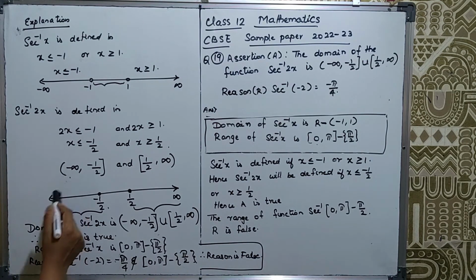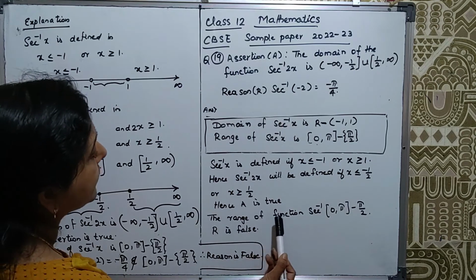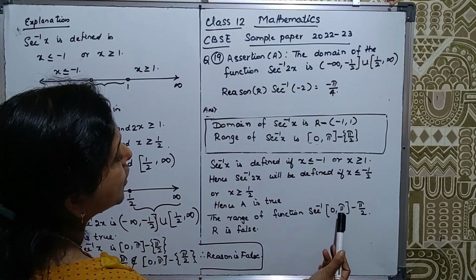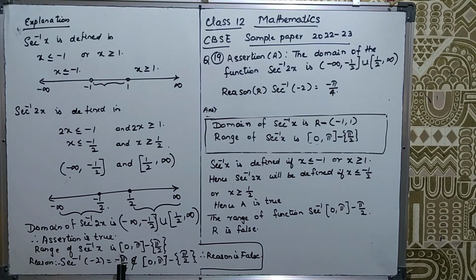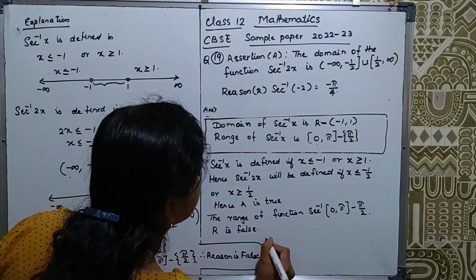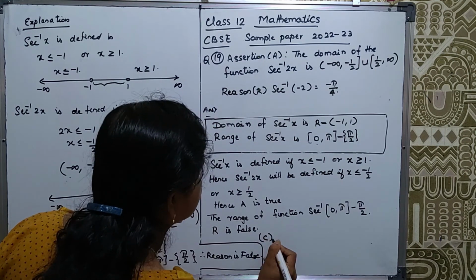Now, assertion is true. Then, the range of the function sec inverse is 0 to pi minus pi by 2. But minus pi by 4, which they gave in the reason, is not an element of 0 to pi minus pi by 2. Therefore, the reason is false. So, the final answer, we are concluding that. The choice is C actually.